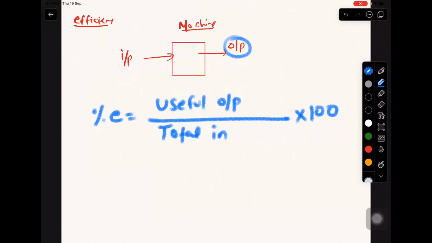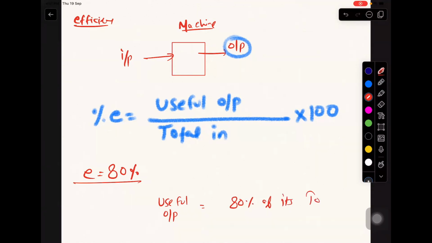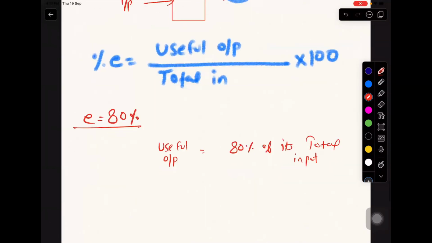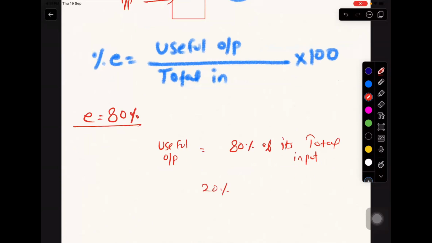For example, if a machine is 80% efficient, that means its useful output will be only 80% of its total input, or you can say that 20% of the input is waste.